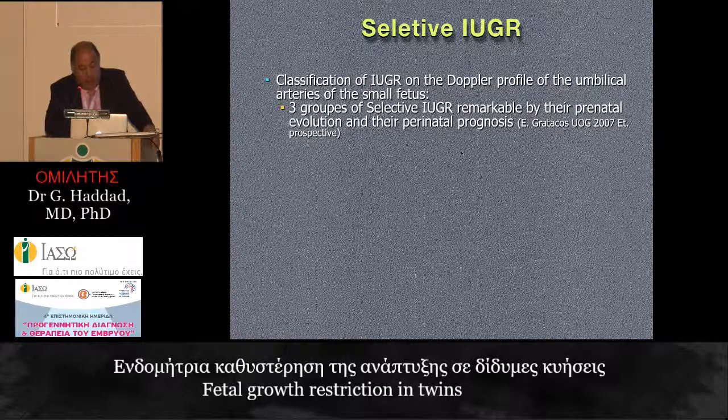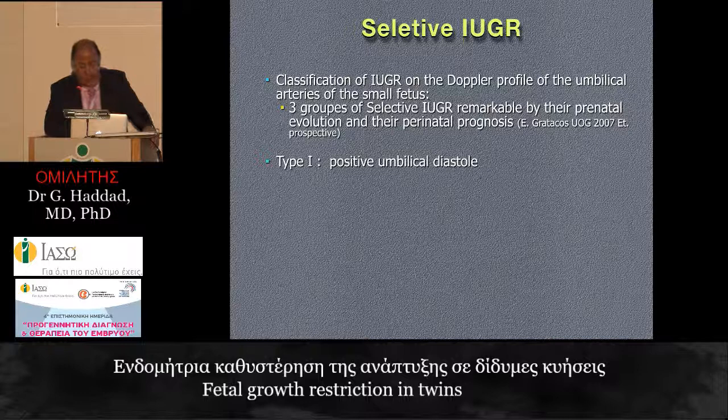So in selective IUGR, we have three groups, and as I told you, we classify them with Doppler. In type 1, we always have a positive umbilical diastole. It means that the resistance index is less than 1.